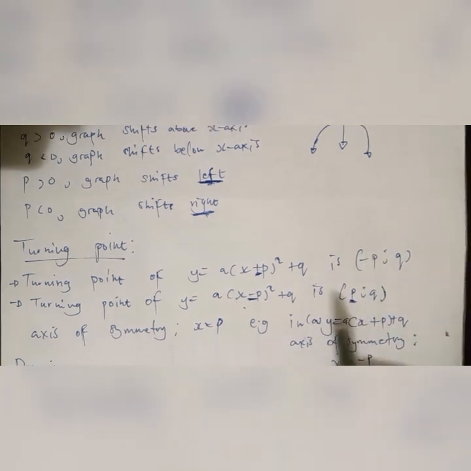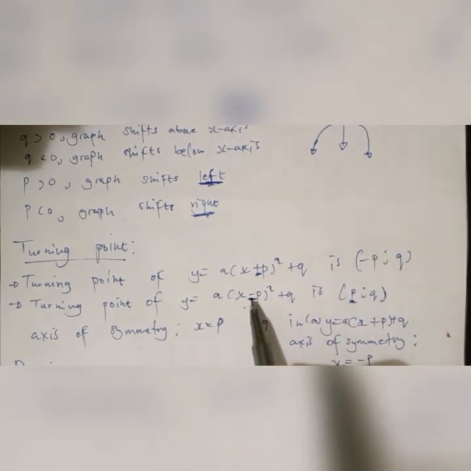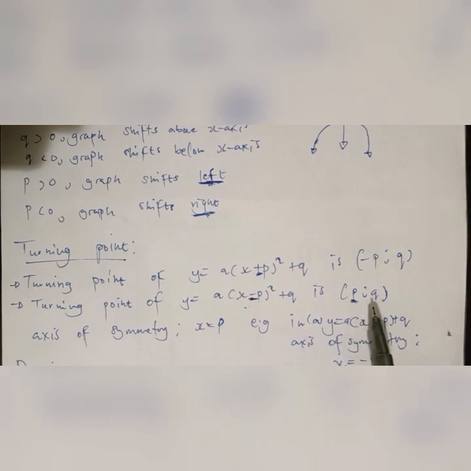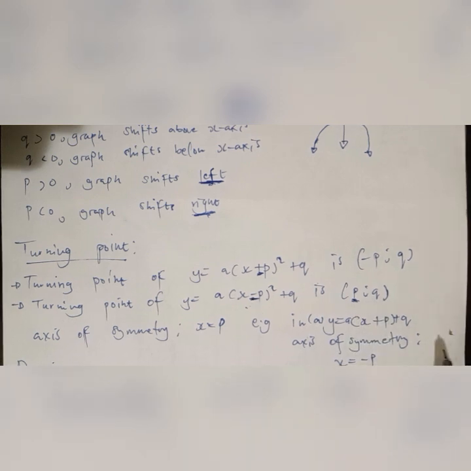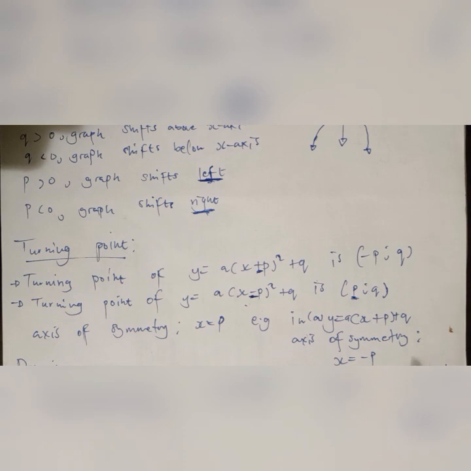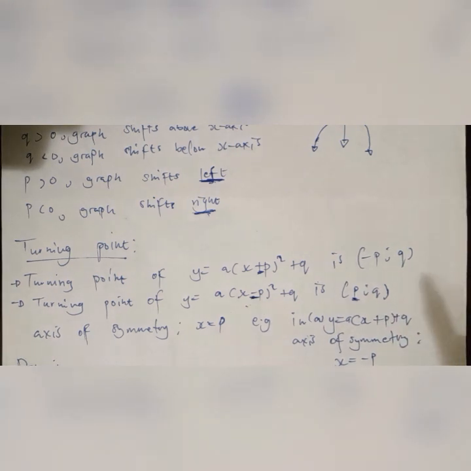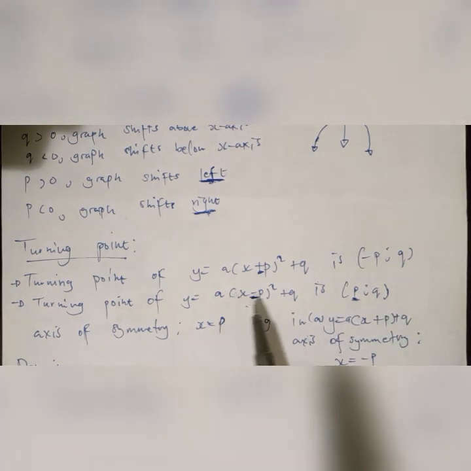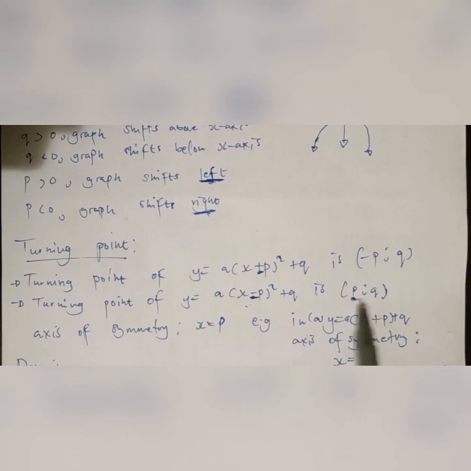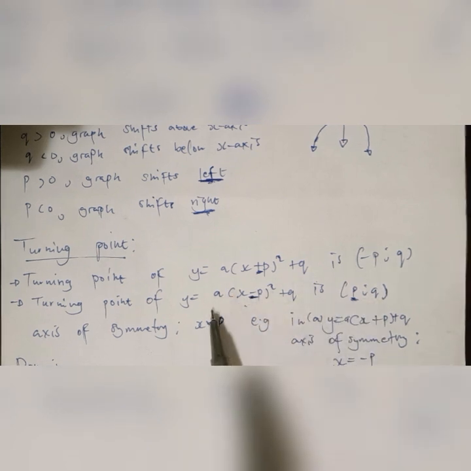So when it's negative here, that means it shifts right, to the positive side of the Cartesian plane, the positive x-axis. So that's what we're saying here. So this is the turning point of y is equal to a(x minus p) squared plus q.